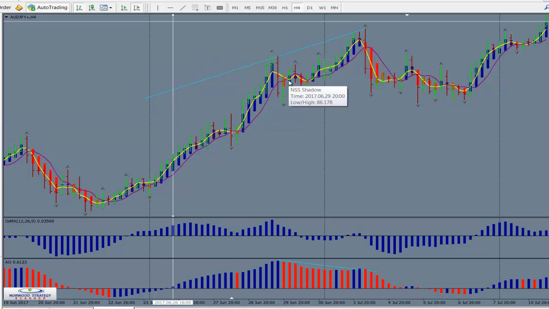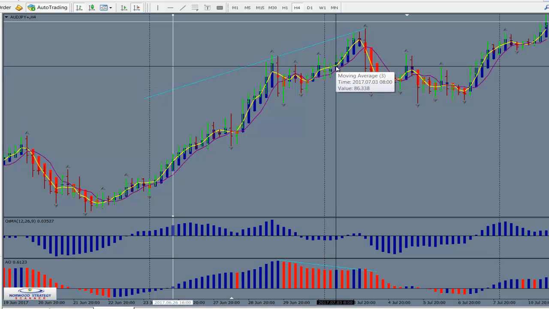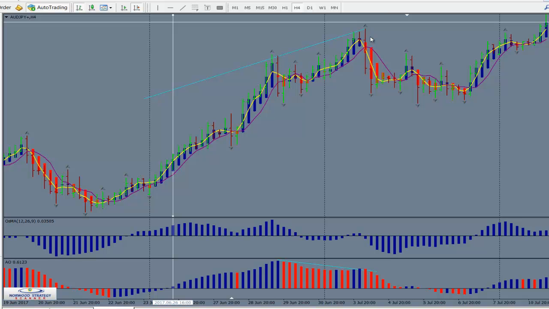When this color change or the cross, someplace right in there might be an area that you would want to get out. And possibly you get in right here, maybe. Where would you want to get out? Right over here. So those are a couple of quick exit signals that you can use: when these hot lines cross and or this indicator changes colors.